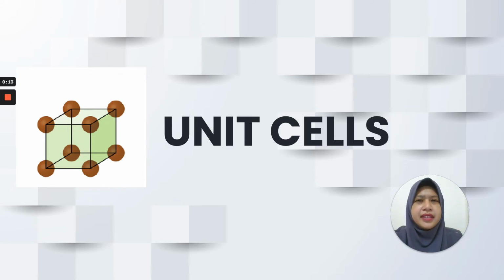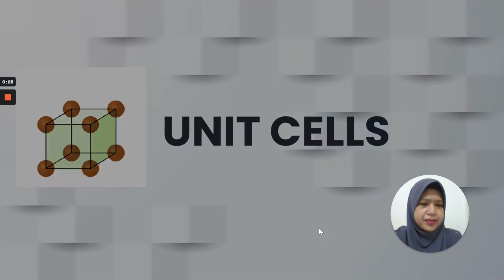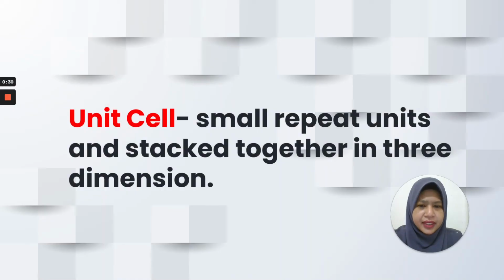Most metal crystals are one of the major types of unit cells. So, first of all, what is a unit cell? A unit cell is the small repeat unit that is stacked together in 3 dimensions.